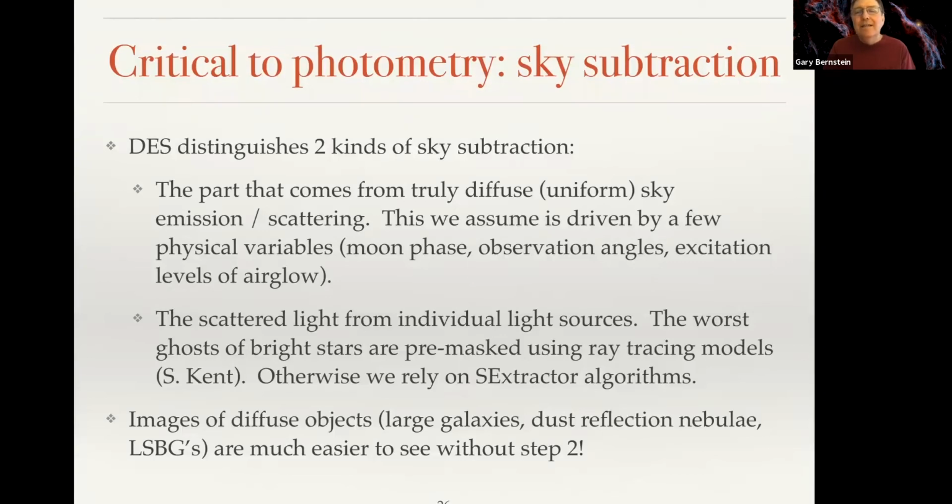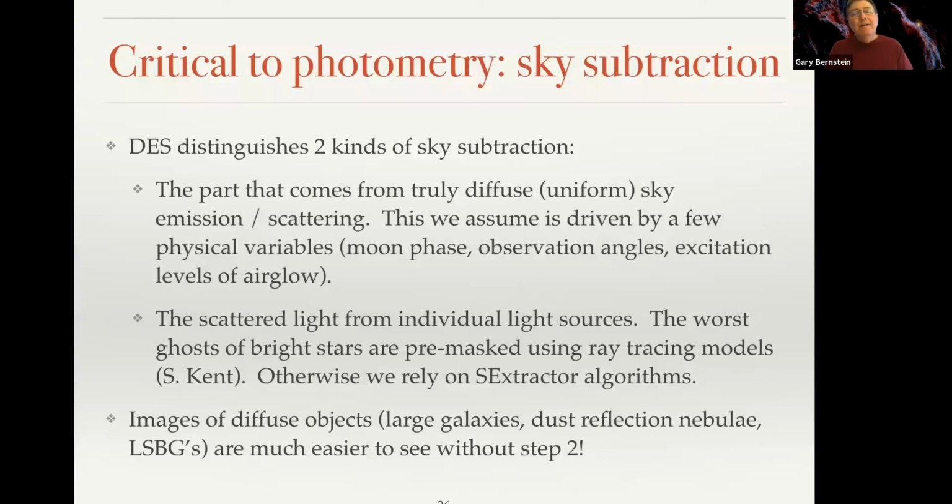This includes things like fringing, okay? And this uniform pattern should repeat from exposure to exposure, but it might be driven by a small number of physical variables, like what's the moon phase, how far are you from the moon or from the horizon, how excited is the air glow at that moment, etc. So it's a perfect opportunity to do something like principal components, which we did.